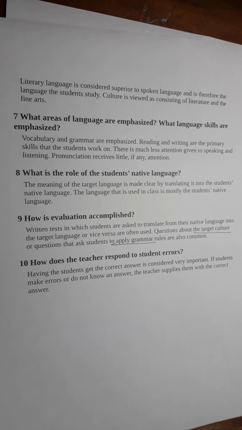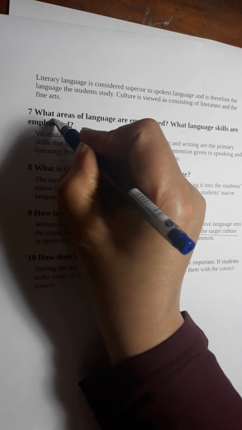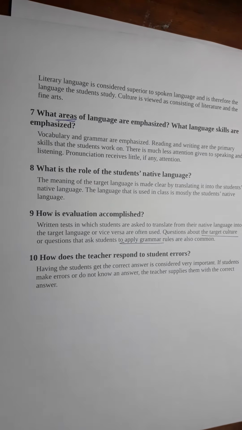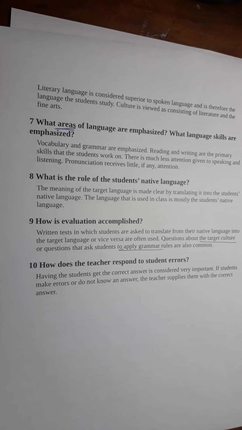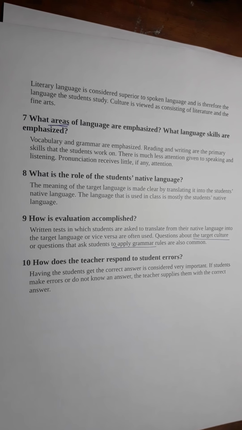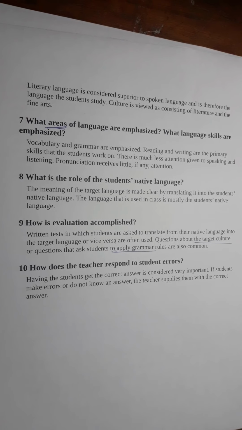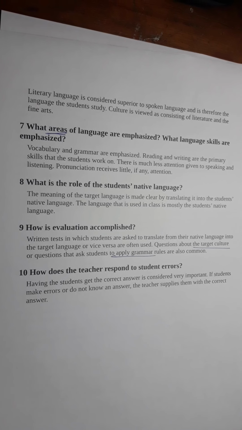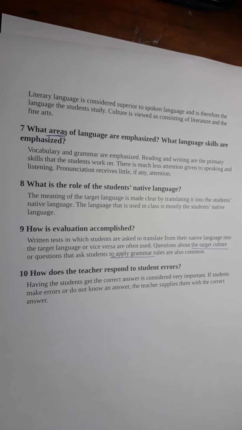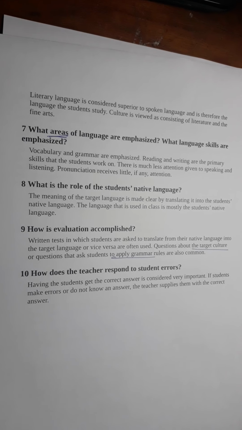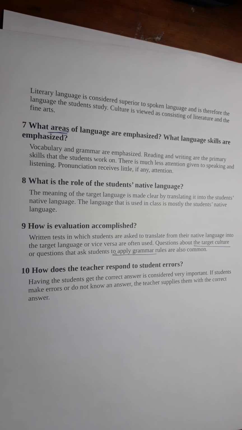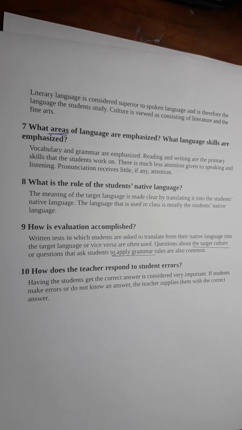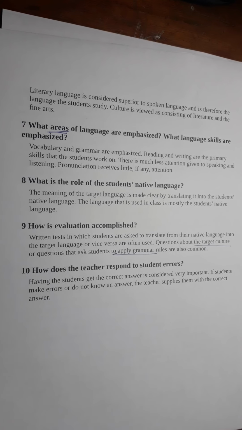The first point is related to language areas. Two areas are emphasized according to the grammar translation method: vocabulary and grammar. Both of them are emphasized, and in both we have memorization. We have memorization of lists of vocabulary items and memorization of grammatical rules.